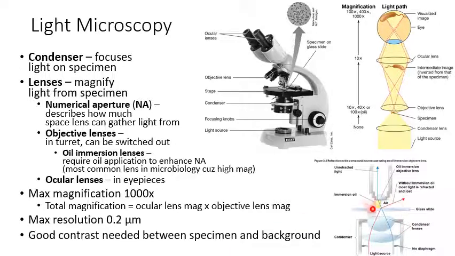Basically, this oil has a different refractive index than air, and so it bends the light differently from air. So if you have a light beam passing through the condenser here to the stage, passes through the specimen, as soon as it's going through the air, it's going to start bending, and it might just bend completely off target so that it doesn't go into the lens at all.